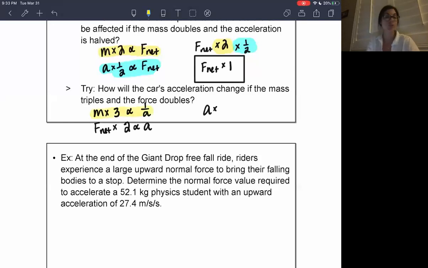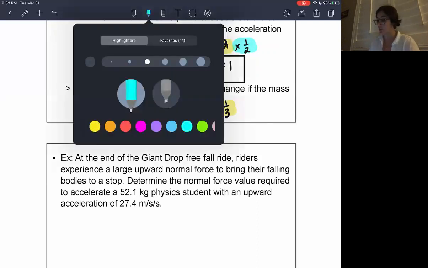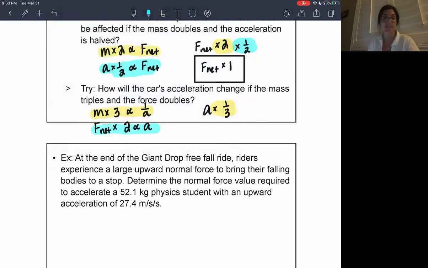Because it's inversely proportional to mass, I know that it's going to change by the reciprocal factor. So the reciprocal of 3 is 1/3. And since it is directly proportional to net force, that means it's going to change by the same factor. So since net force is doubled, acceleration will also be doubled. So this is how my acceleration will be affected.